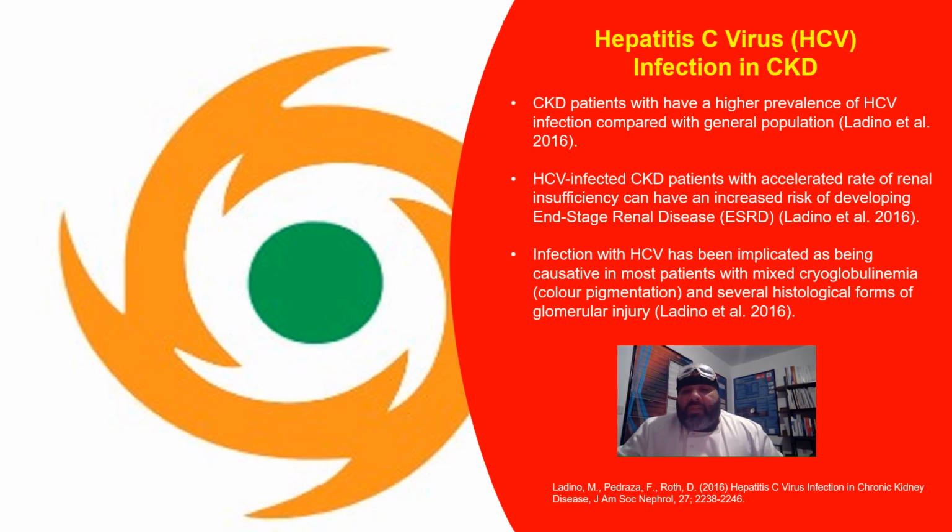Infection with HCV has been implicated as being causative in most patients with what is referred to as mixed cryoglobulinemia, where there's a sort of discoloration around the skin, and this can prompt several histological forms of glomerular injury in turn as well.